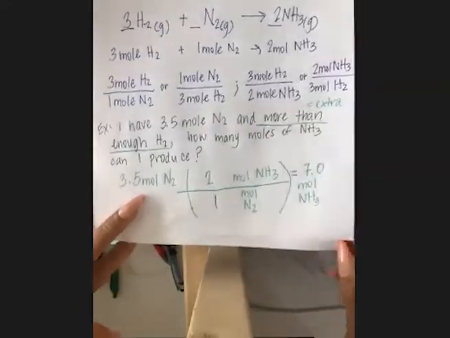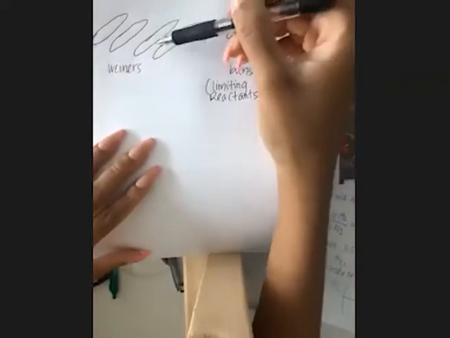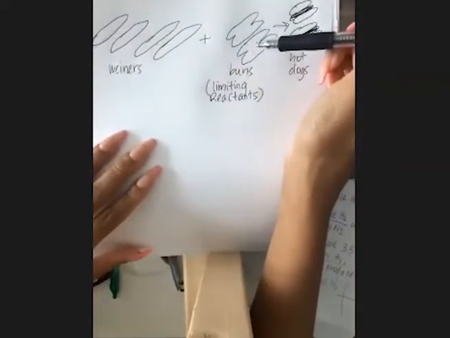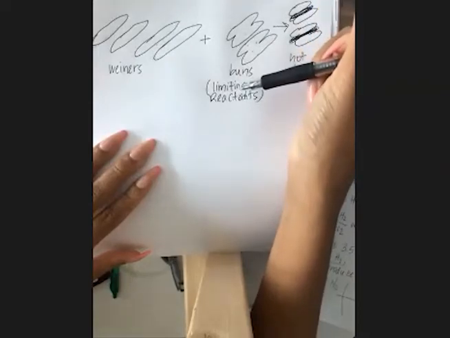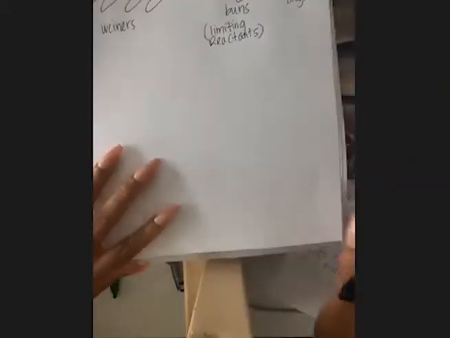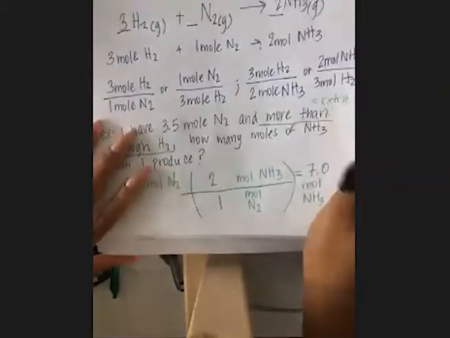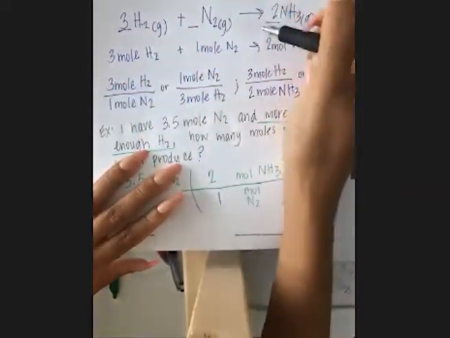So in tomorrow's lecture, I go over how you figure out how much product you can make if you have 2 reactants or more. You have to figure out which one's your limiting reactant. And the way you figure that out is you simply set up these same stoichiometry problems. You have to do one for, let's say for instance, it said I had 3.5 moles of nitrogen and 3.5 moles of hydrogen.